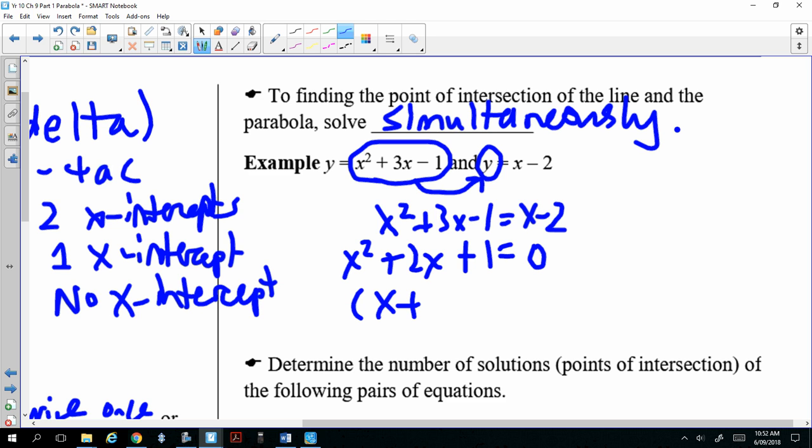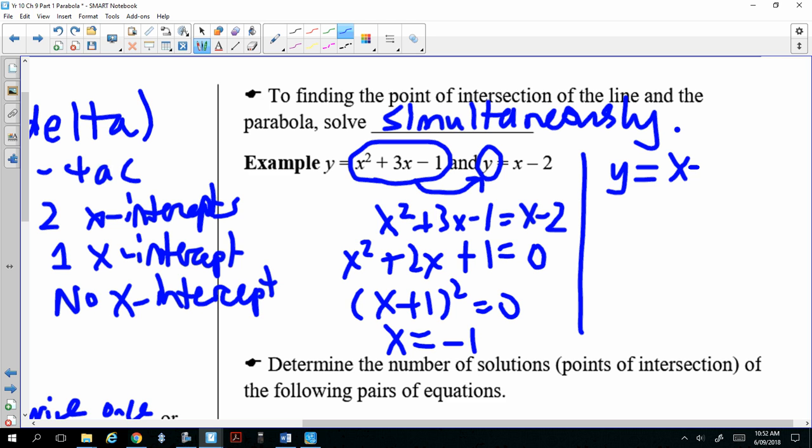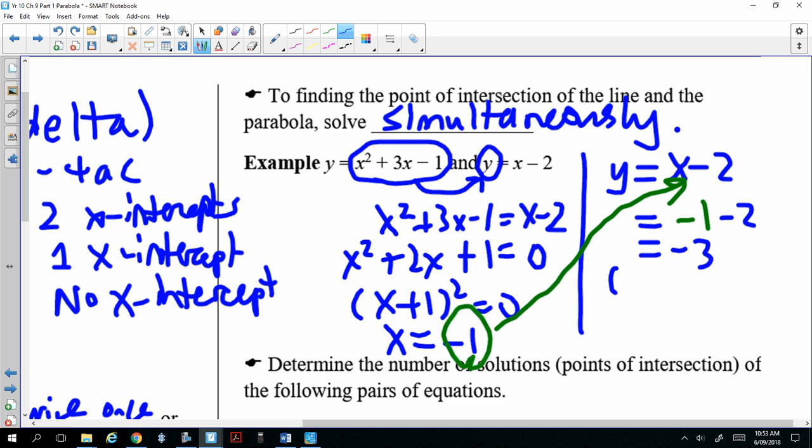If you factorize, you get this, which is a perfect square, so x equals negative 1. And how do I find out where they intersect? Sub it back into the original, y equal to x minus 2, replace the x by negative 1. So therefore, it's equal to negative 1 minus 2, which gives you negative 3. That's the point of intersection. And because it crosses once, it is a tangent to the parabola.